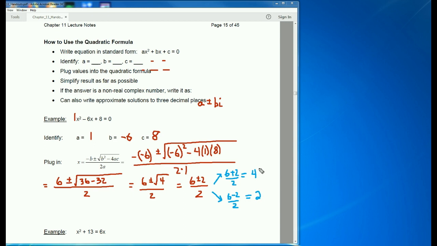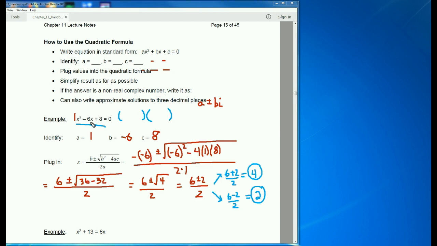Okay. So those are the two solutions. And we already knew that because this is the problem we had previously solved. Well, first we solved it by just looking at a graph of it, and then we went back and solved it by factoring. In this case, this one is very easy to factor.